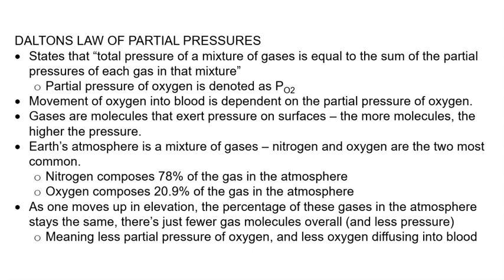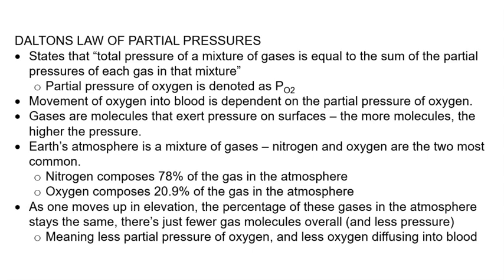The air pressure created just by the oxygen gas is referred to as the partial pressure, because air in the atmosphere is primarily a mixture of nitrogen gas and oxygen gas, and the pressure created by each of those gases is what we call the partial pressure. The partial pressure of oxygen is what we're going to mostly focus on here, and it is denoted as PO2.